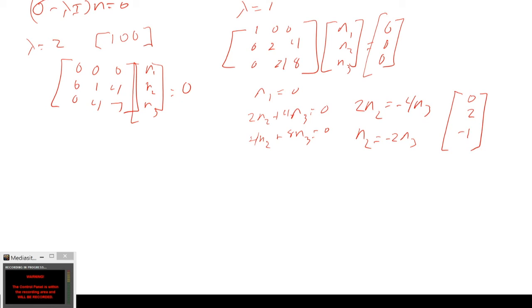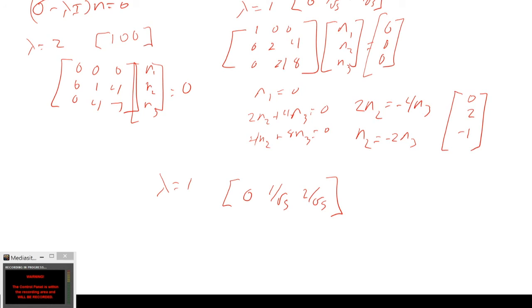And we want a unit vector of that. So (0, 2 over the square root of 5, minus 1 over the square root of 5) is the eigenvector. And then if you work through it for lambda equals 11, you'll end up with (0, 1 over the square root of 5, 2 over the square root of 5) as your eigenvector.